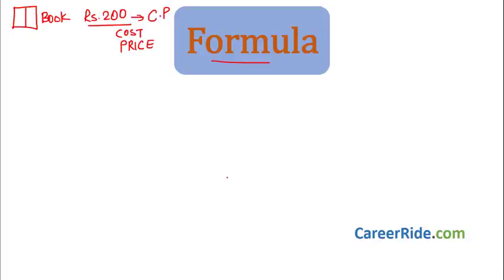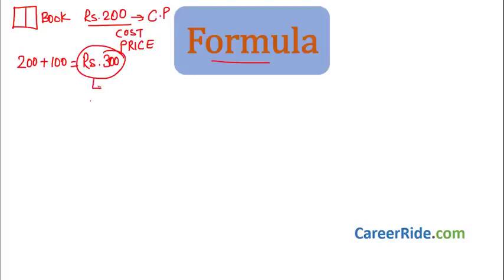Now, if you want to sell this book for, say, 100 rupees profit, after selling the book, what you will do? You will sell the book for rupees 200 plus the 100 rupees profit you want, that is rupees 300, right?